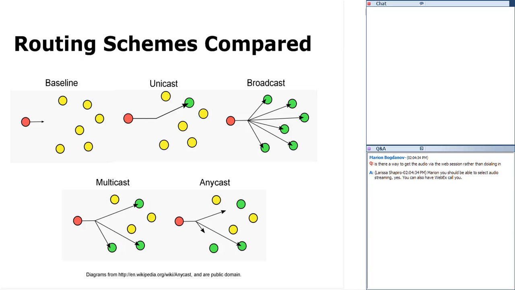The routing system will have several different ways of getting to the green points, and depending on where the red point is, it will select the best path to reach a machine that provides the service. Now, closest in this sense means network topology closest, not necessarily geographically closest.